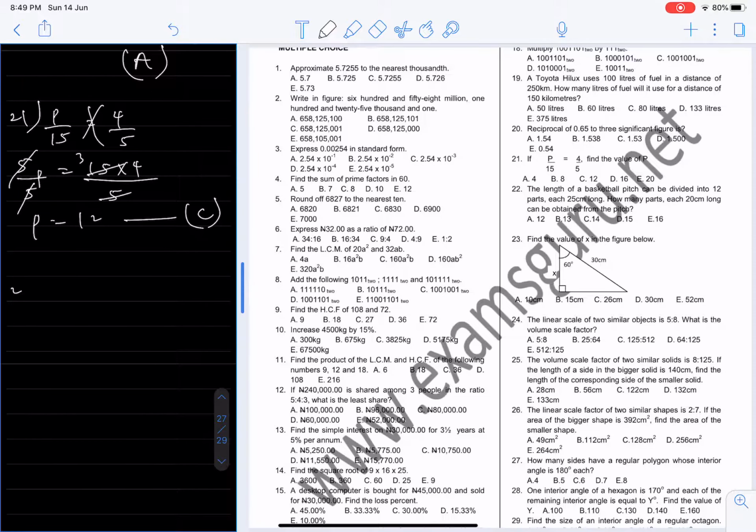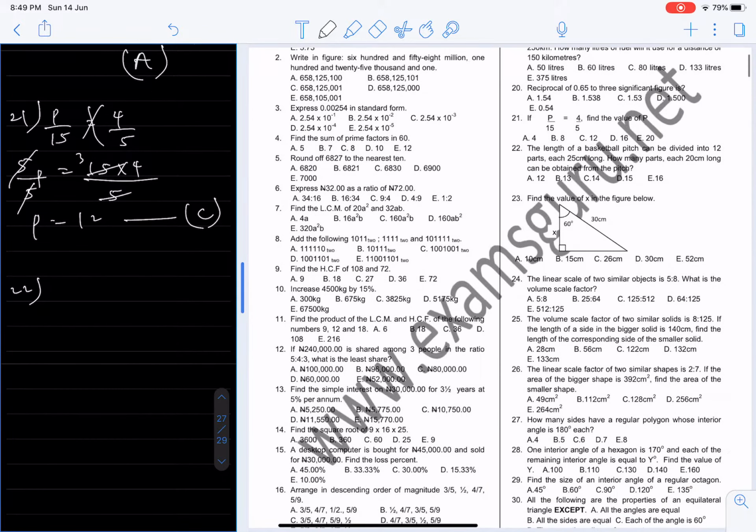Now to number 22. The length of a basketball pitch can be divided into 12 parts, each 25 centimeters long. How many parts each 20 centimeters long can be obtained from the pitch?